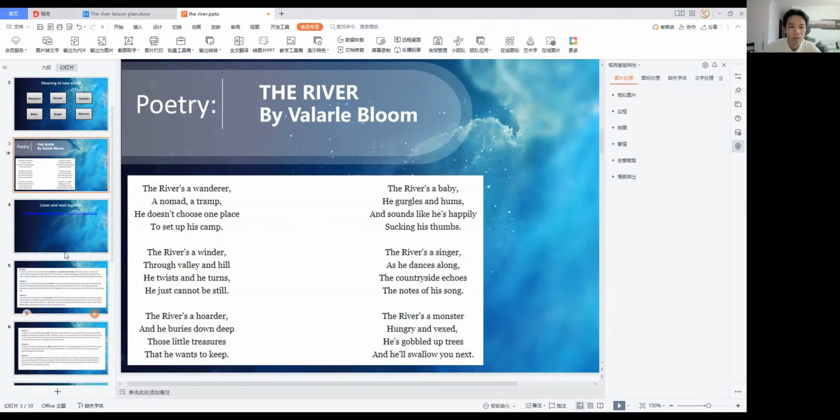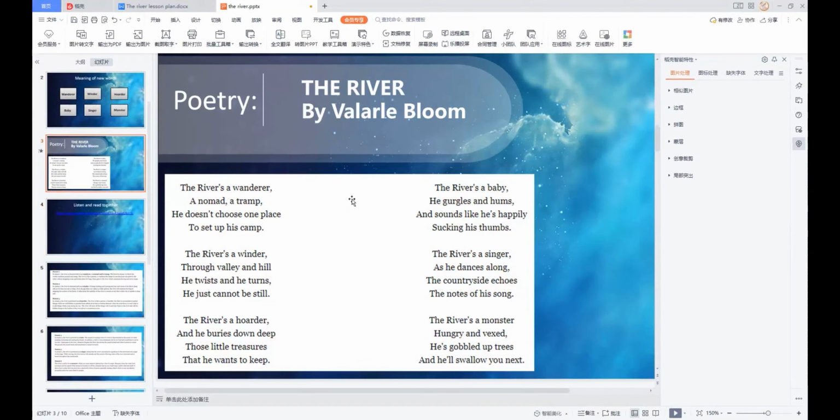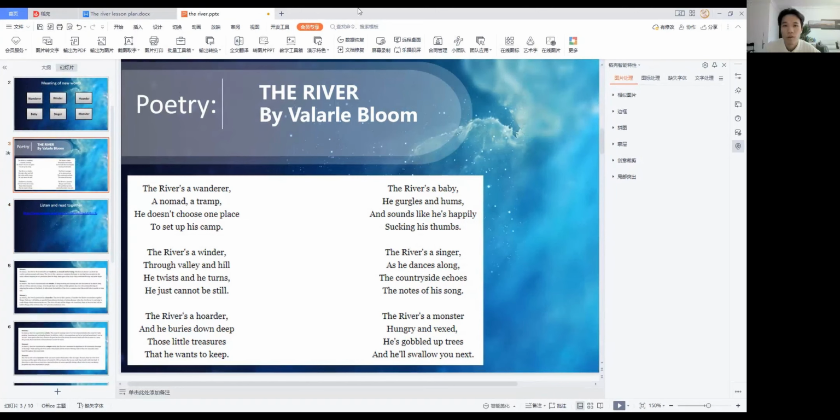Each group is going to choose your favorite character, and later I'm going to show you here. You can refer to this. There are 6 different characters in this poem: wanderer, winder, plunger, baby, singer, and monster. So you can choose your favorite character based on your understanding of this poem.